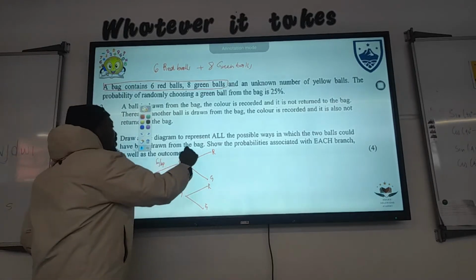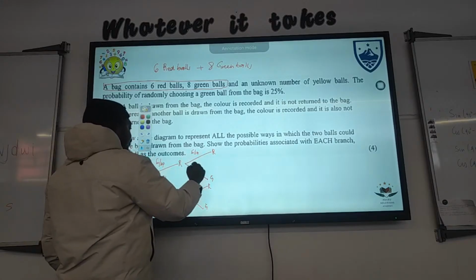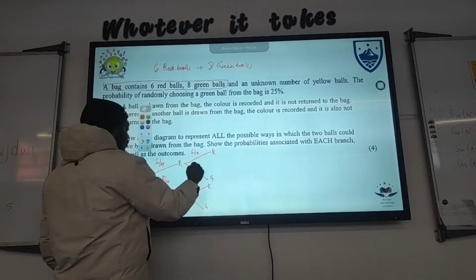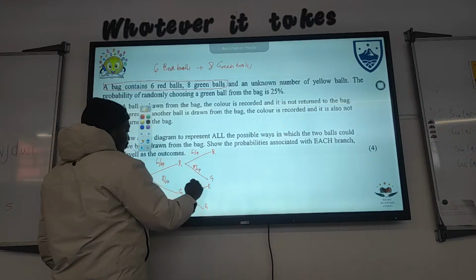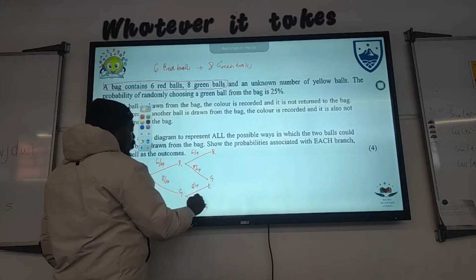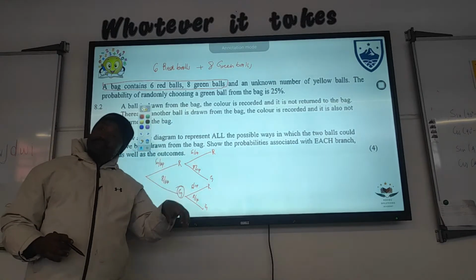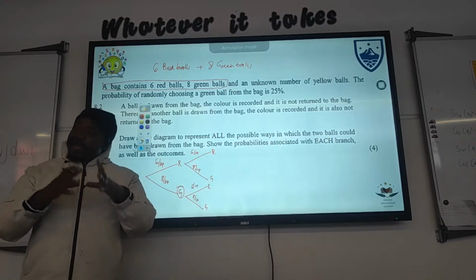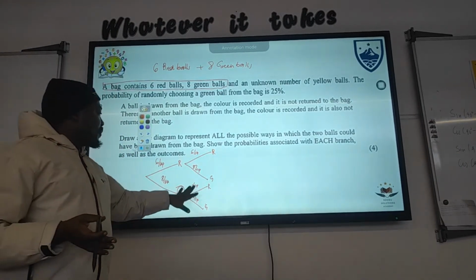So the probability will remain the same all the time. Even though I have selected the green ball, I will select it and put it back, so the bag remains the way it was. The composition of the bag is still the same, so the probability will continue.